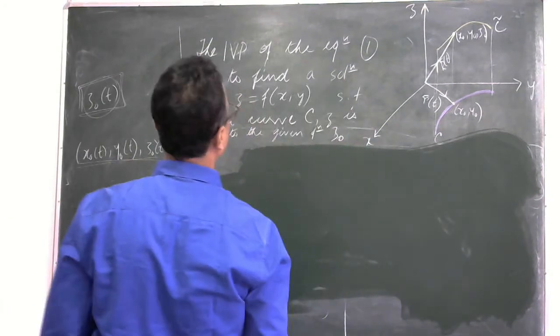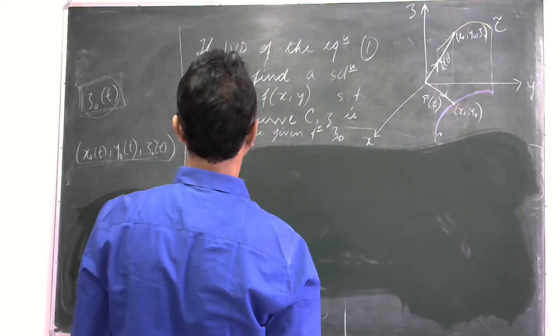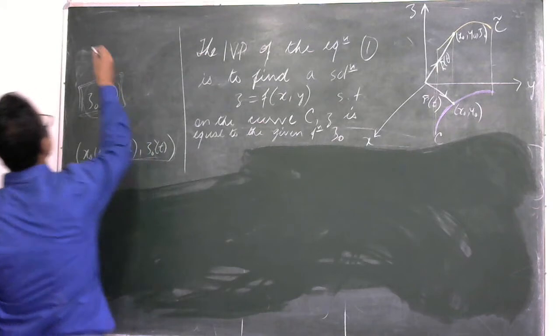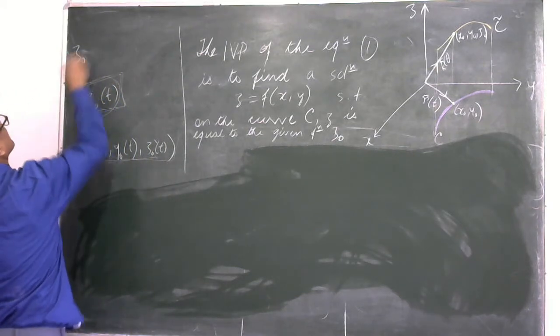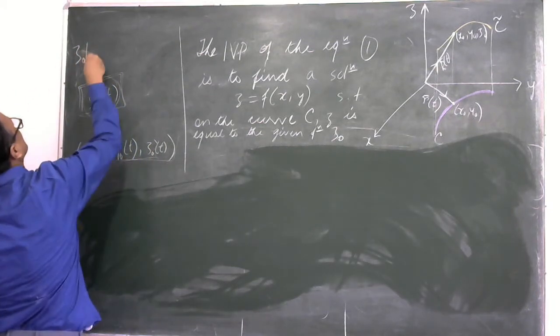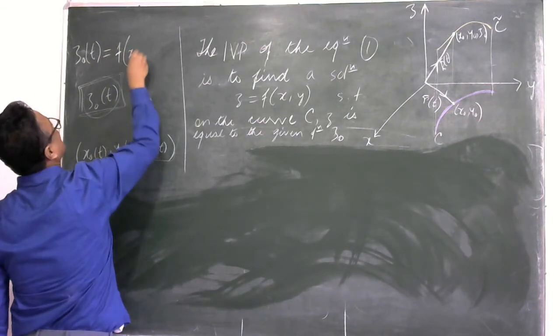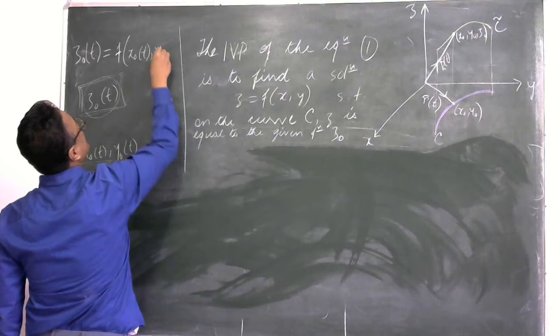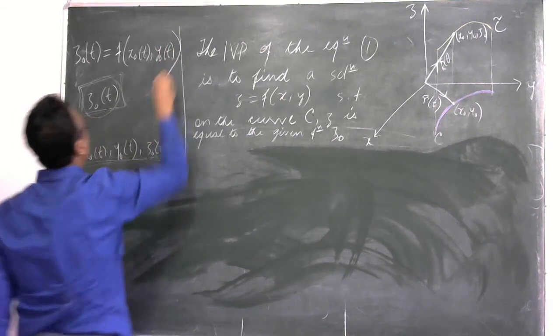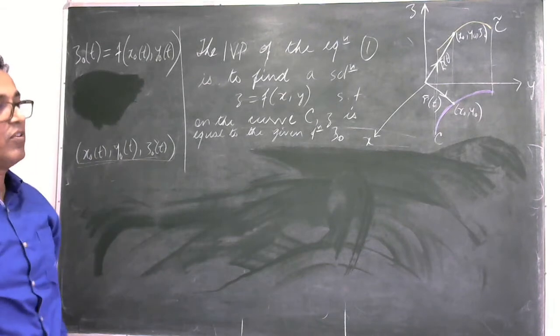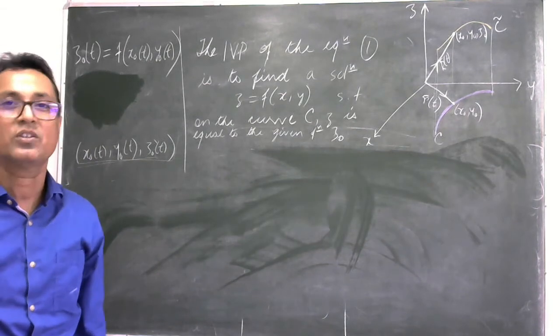It says that z naught of t is f of x naught of t, y naught of t.